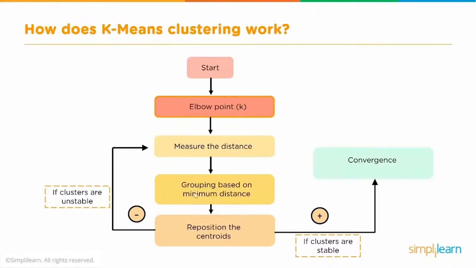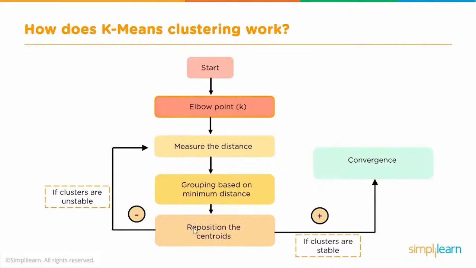And if required, the data points are reallocated to the new centroids, and the mean position, or the new centroid, is calculated once again. If the centroid moves, then the iteration continues, which means the convergence has not happened. The clustering has not converged.